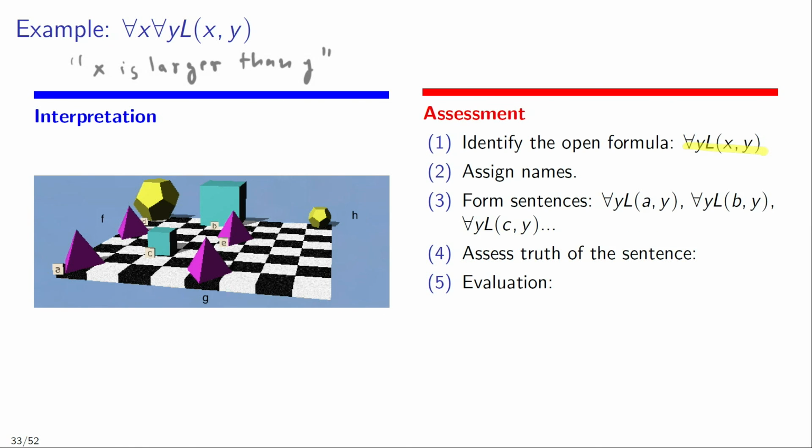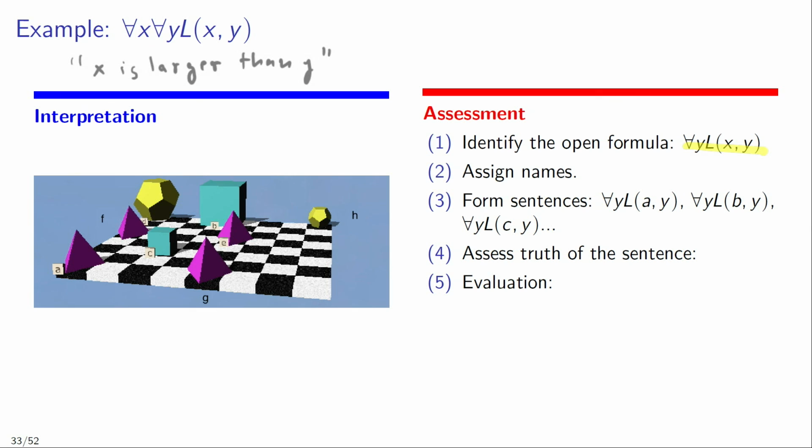In the third step, we then form sentences that result from replacing the variable x in our open formula by means of these names. So that gives us the sentences for all y, Lay, for all y, Lby, for all y, Lcy, and so on and so forth.